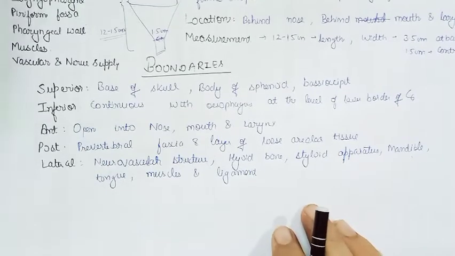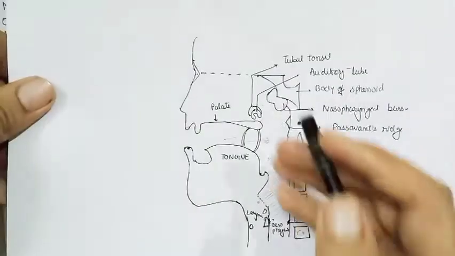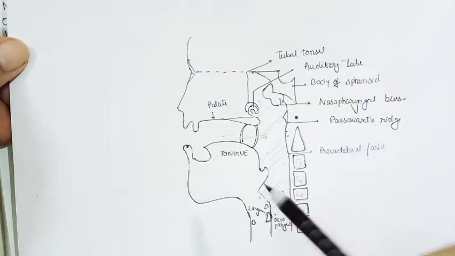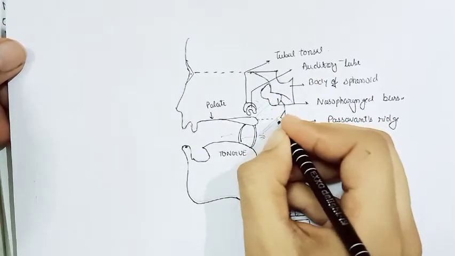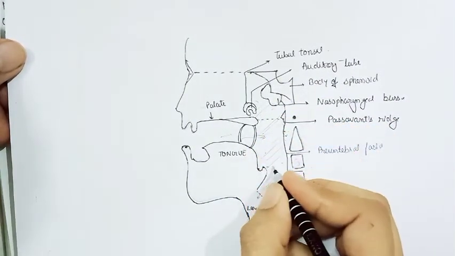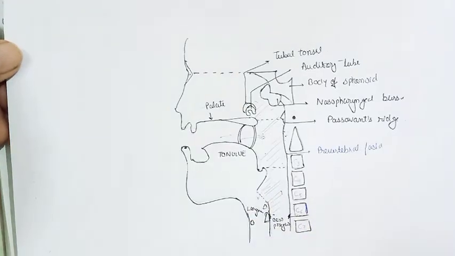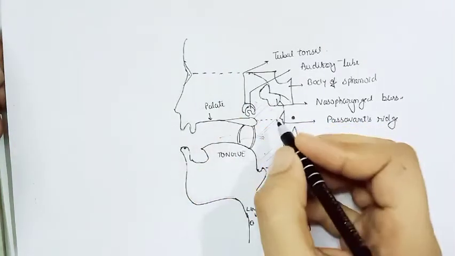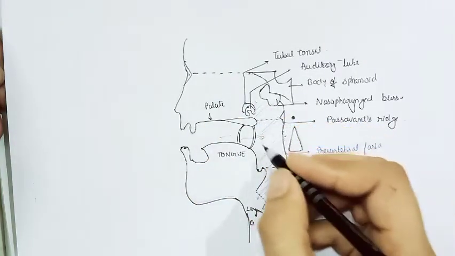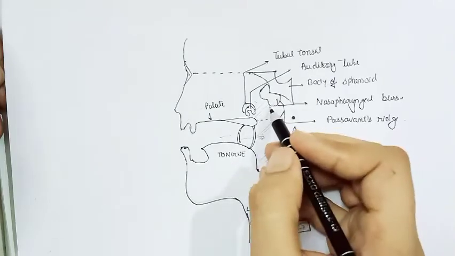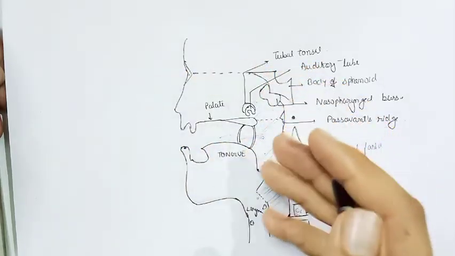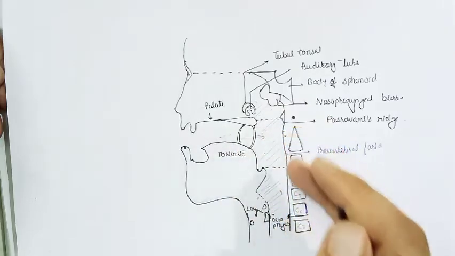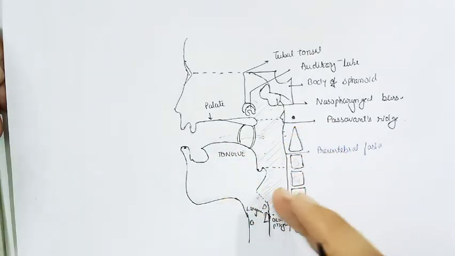Now this whole structure is divided into 3 subdivisions on the basis of its location: the nasopharynx, oropharynx and the laryngopharynx. Nasopharynx is present behind the nose, oropharynx is present behind the mouth, and laryngopharynx is present behind the larynx.